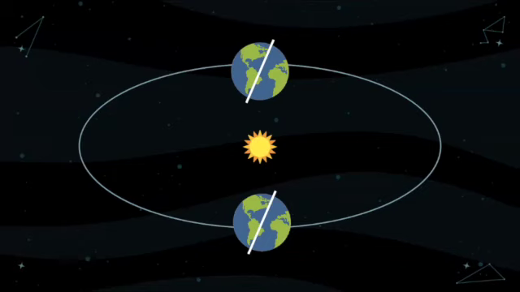The sun is directly over the equator during this time. Between the spring and fall equinox, the sun never sets in the Arctic Circle, which is the area above 66 degrees north.